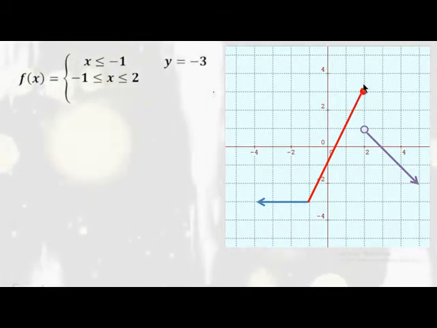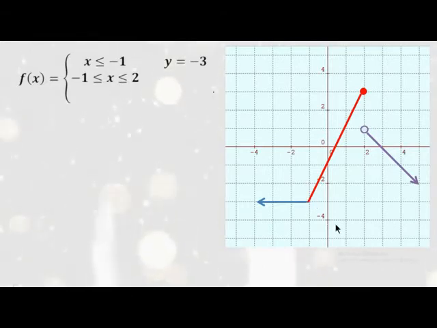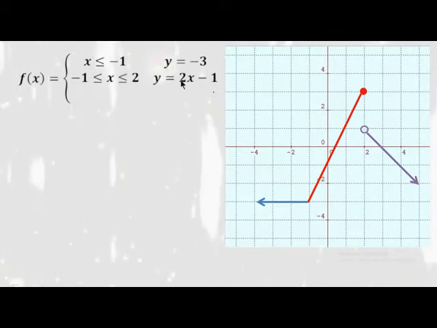The filled dot means we're using equal here because this is 2. We use equal the same way as this one. So how about the equation? The equation is y equals 2x - 1. The same formula as I taught you before.